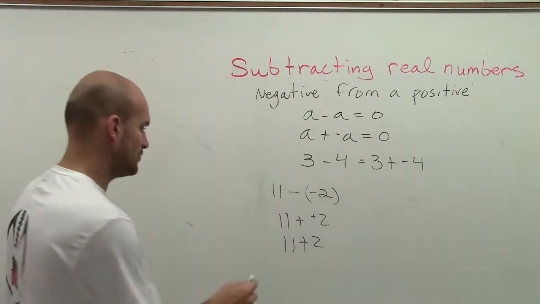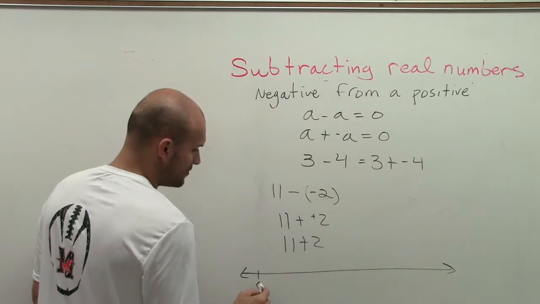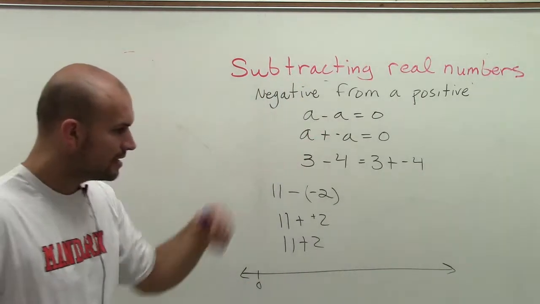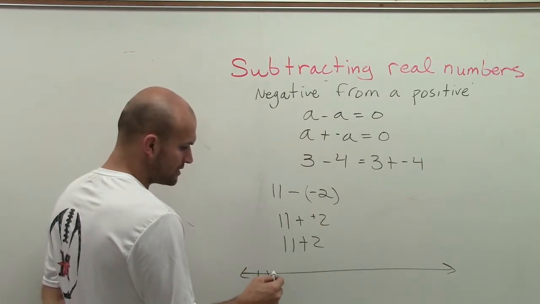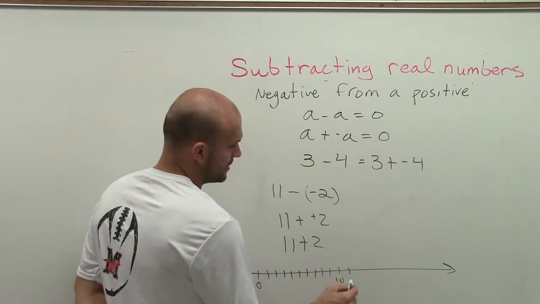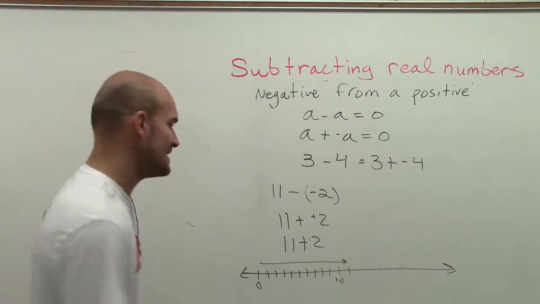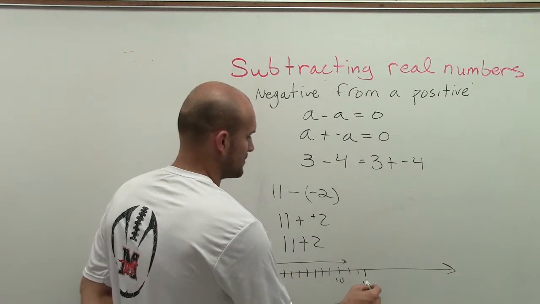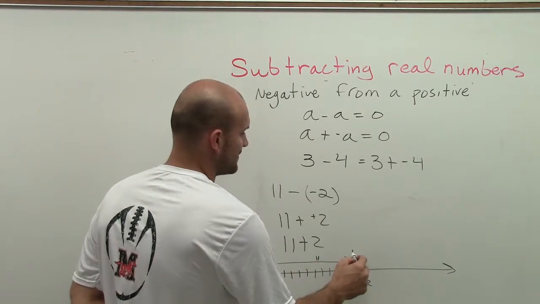And again, just real quick, I'm going to use the number line just to represent this. So here's 0. So 11, the positive distance, or 11 represents the distance from 0. So 1, 2, 3, 4, 5, 6, 7, 8, 9, 10. So 11. So I go all the way to 11, and then I'm going to add 2 more units, which you can see is here distance is 11.